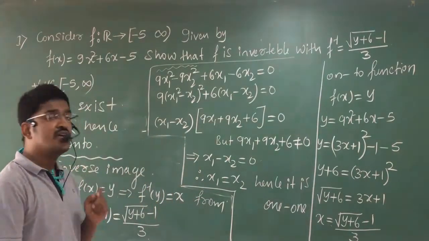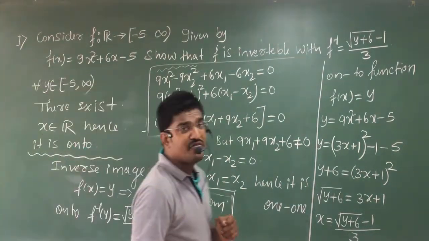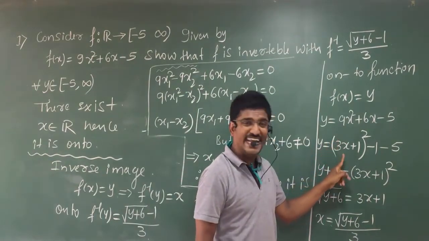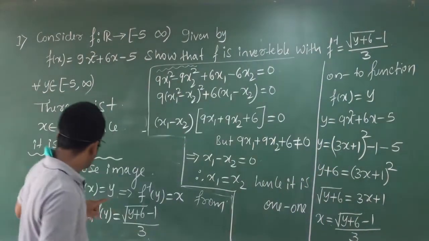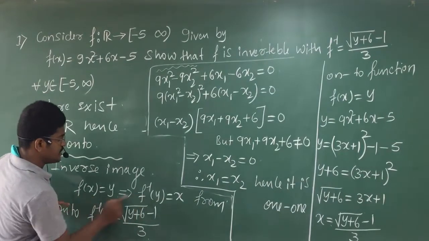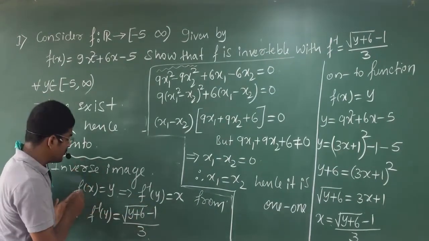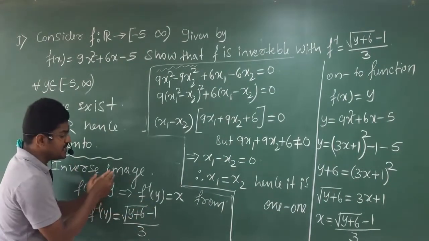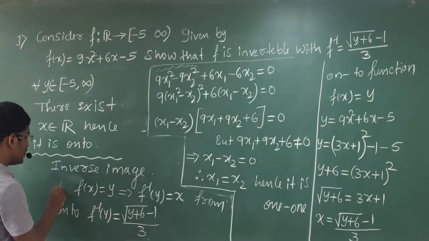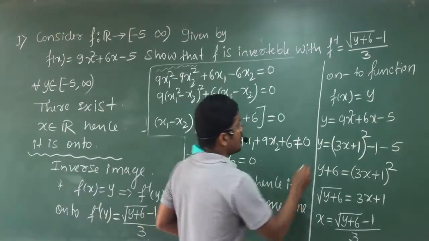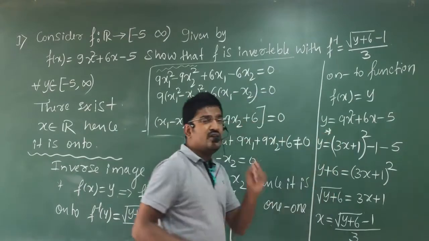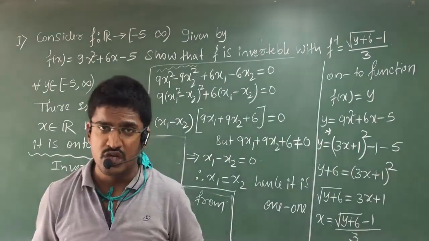Clear, students? So here you will be having doubts with how to write this, particularly these things. How is this going to be f of x equal to y implies this term? So here and here definitely you are going to have a doubt.